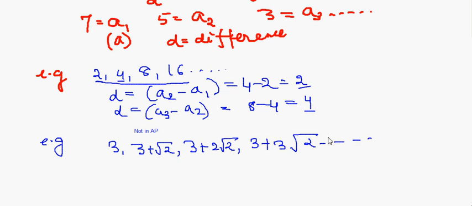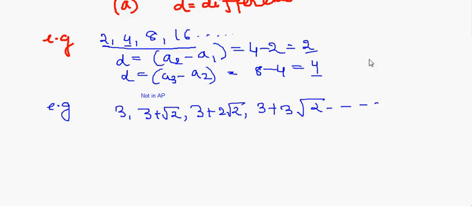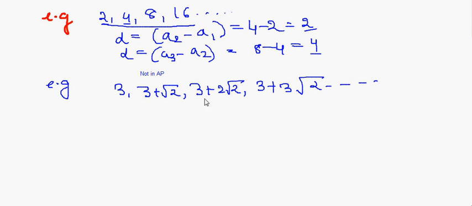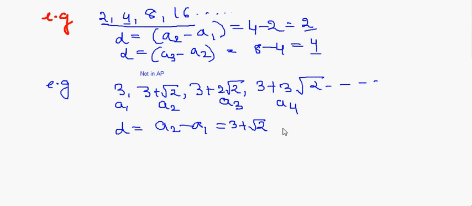Again, the first and foremost thing to see if the numbers are in AP is to calculate D. This is our A1, this is A2, the third term is A3, and the fourth term is A4. Let us find the difference in the first step, that is A2 minus A1, that is 3 plus root 2 minus 3. That gives you root 2 if you calculate.